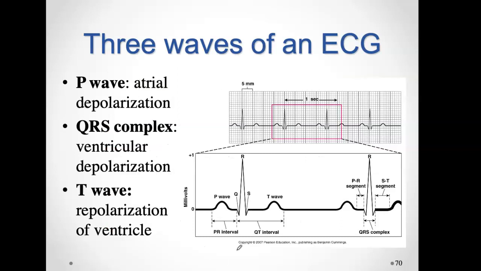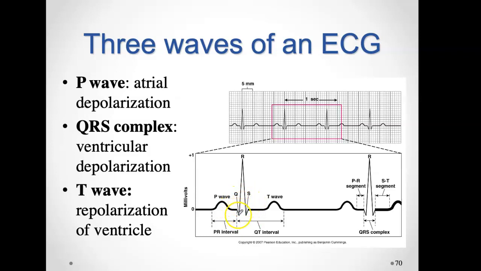Well, this is a tracing of 3 waves of an ECG. So first of all, you would have a deflection like this, and we're going to call that a P wave. A P wave, a deflection, and then sort of a down, up, down, and back up again. That's a much larger one.